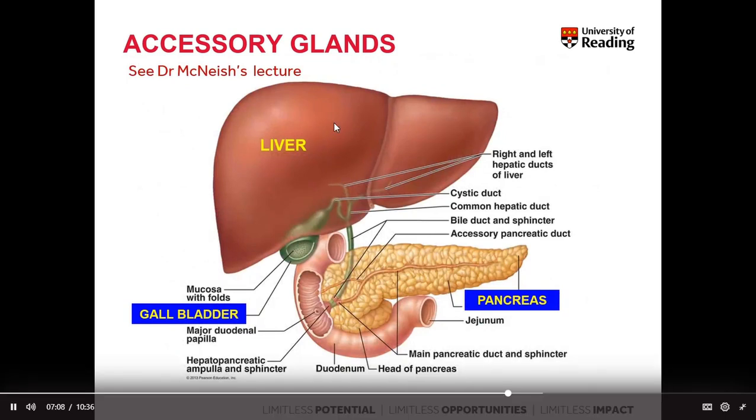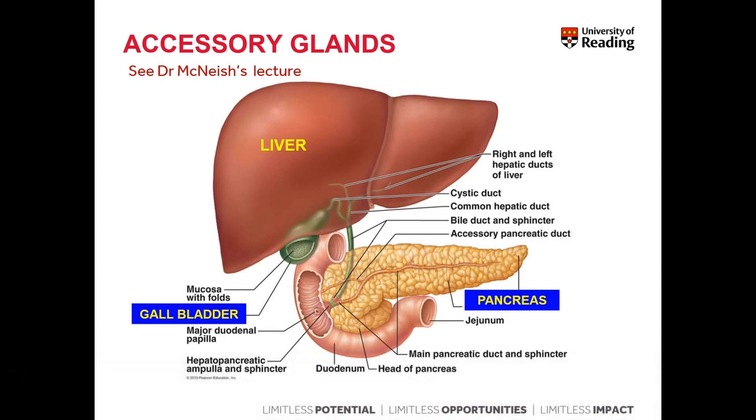On the function of the small intestine, of course, we need to talk about the two main accessory glands, the liver and the pancreas. Now, I'm not going to talk about the liver in detail because you have already talked about the liver in great detail in Dr. McNish's lectures.